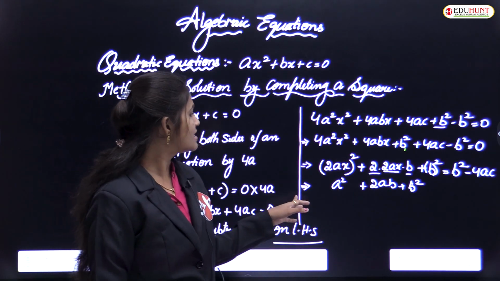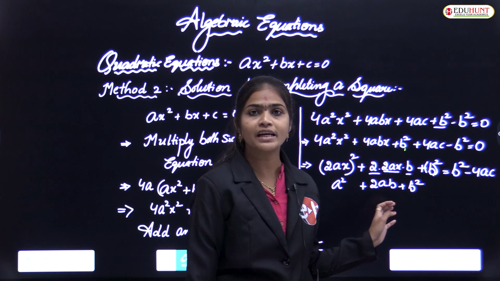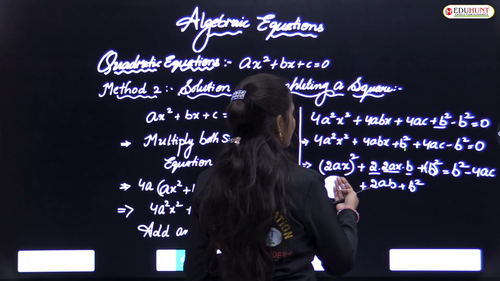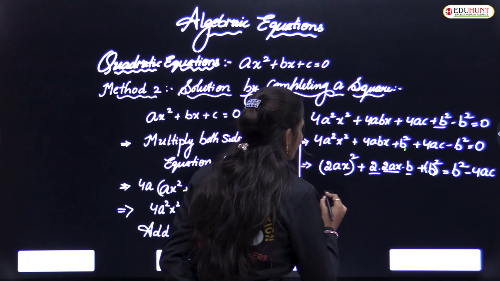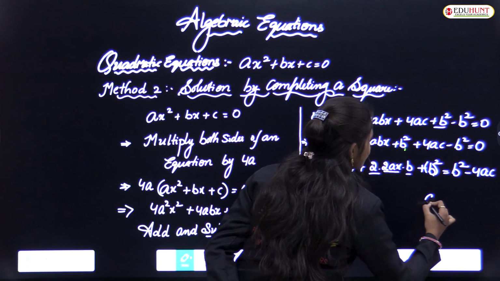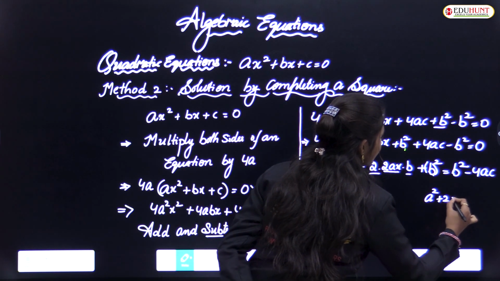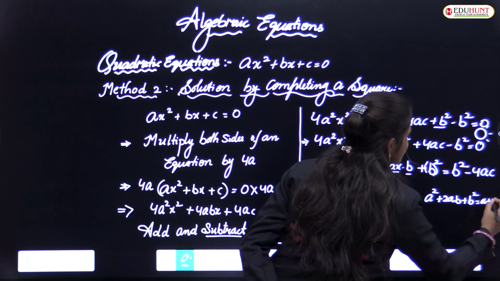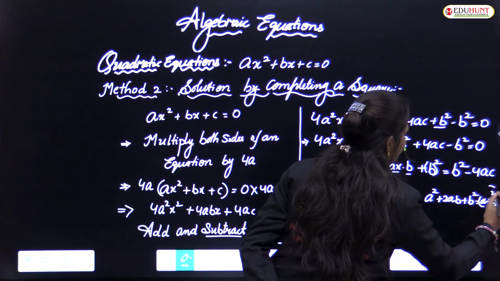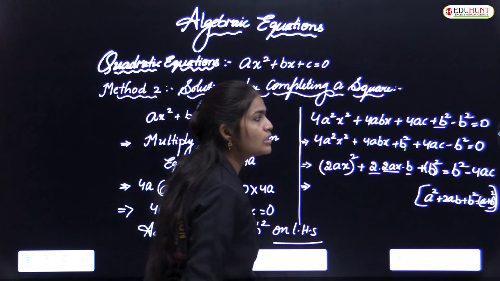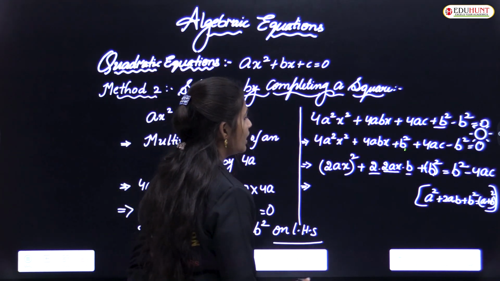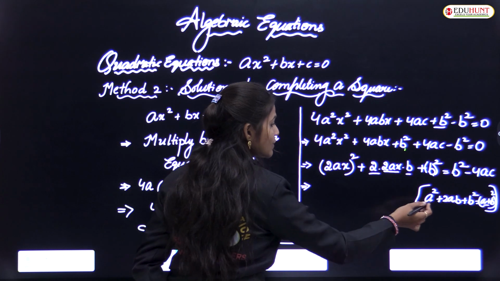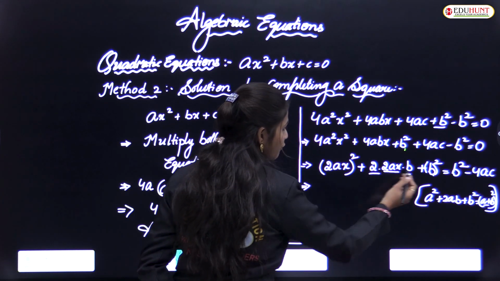So here this is the formula for a plus b whole square. This is in the form of a square plus 2ab plus b square, which is the form of the a plus b whole square formula. Now a plus b whole square is equal to a square plus 2ab plus b square, that form is there.